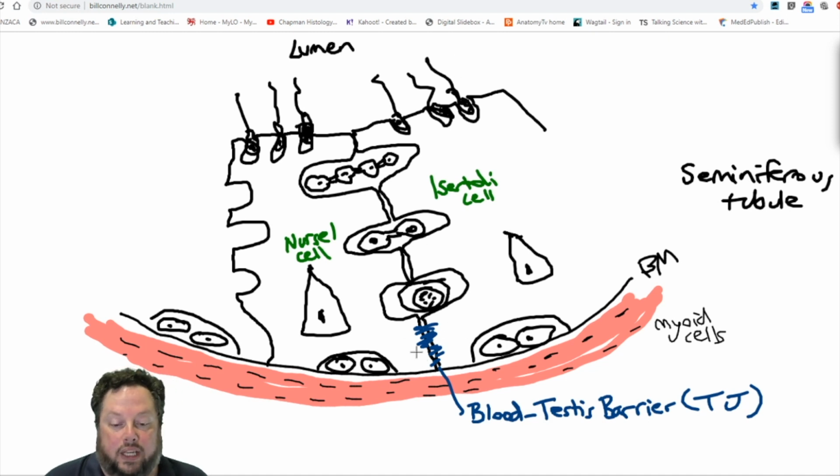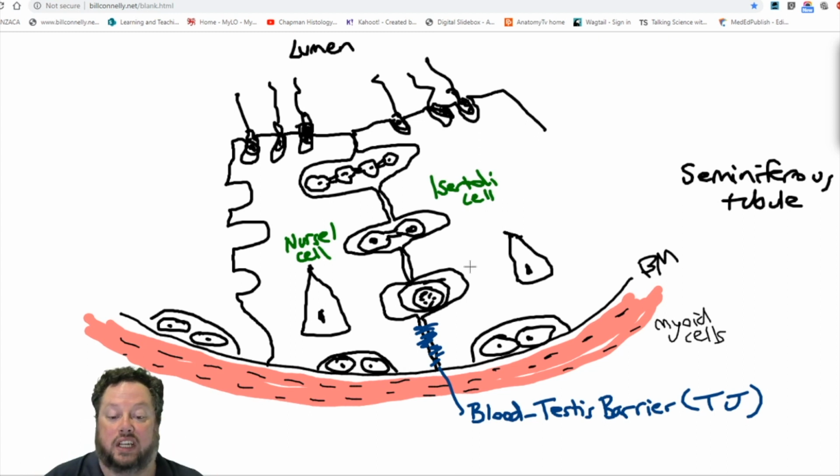Okay, so this blood-testis barrier serves a couple of purposes. One, remember when we talked about meiosis 1, we get the crossing over event that takes place during prophase 1, where parts of the maternal and paternal chromosomes mix, meaning that the cells produced after meiosis 1 are genetically unique from the person within which they're being produced.